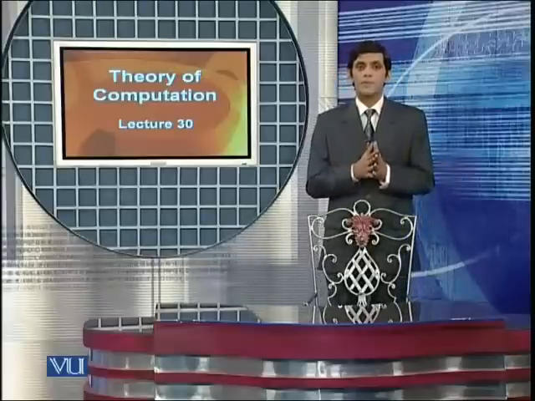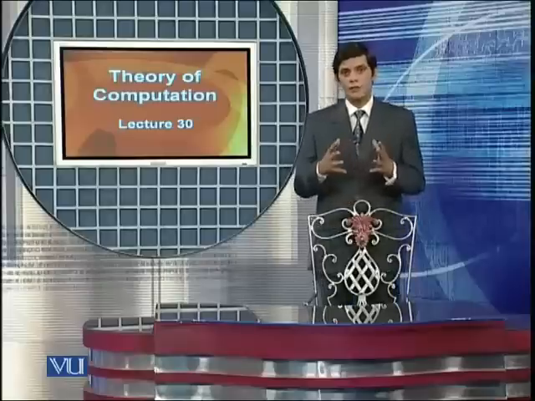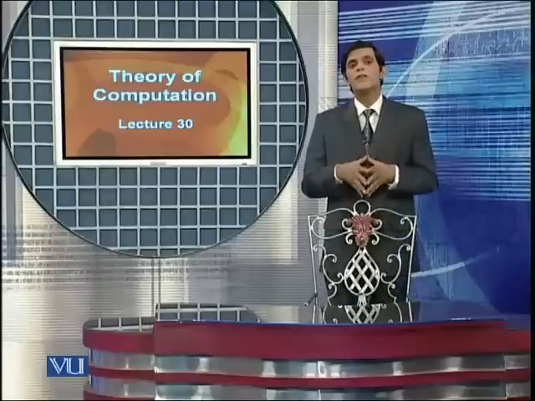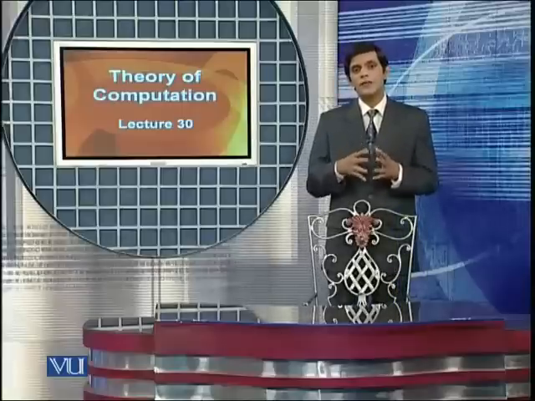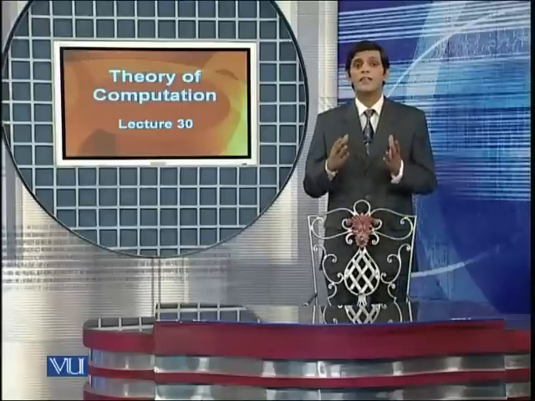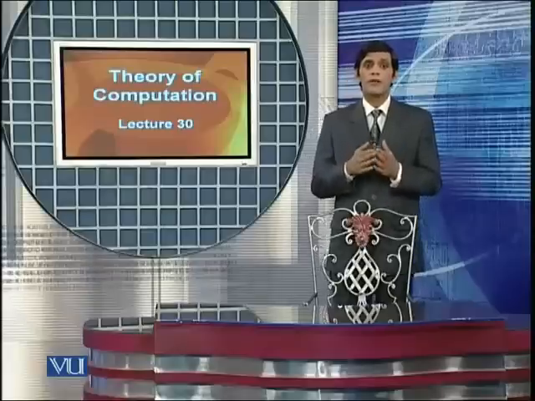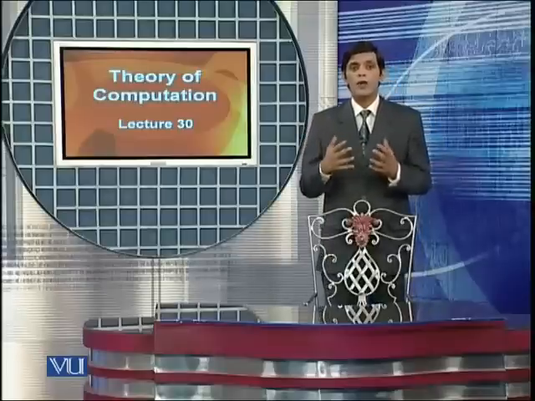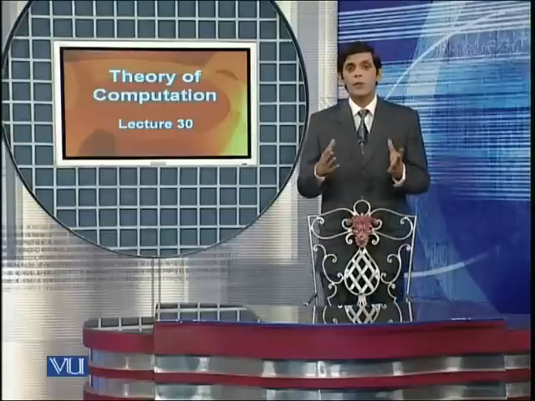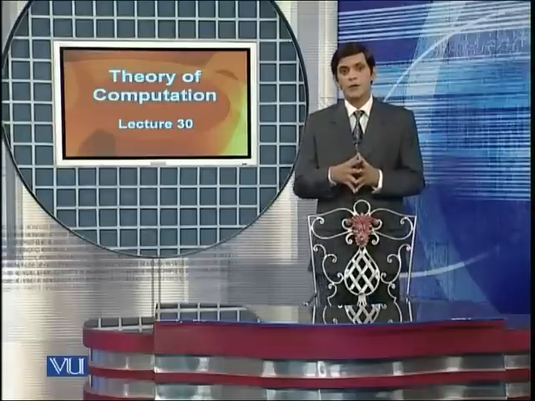Well, you may ask a technical question: what if somebody gives you a formula which is not in conjunctive normal form? What are you expected to do? Well, in that case, you can reject the input.